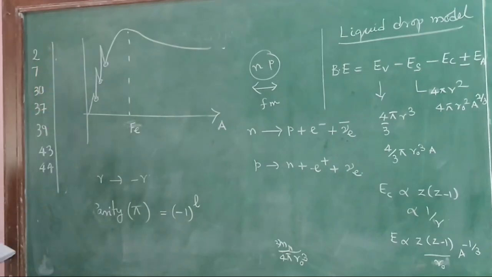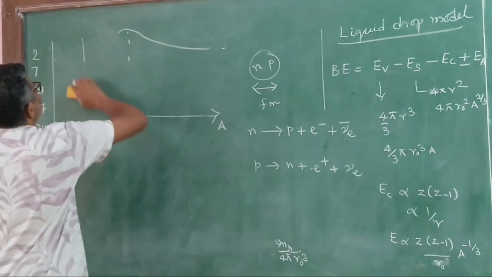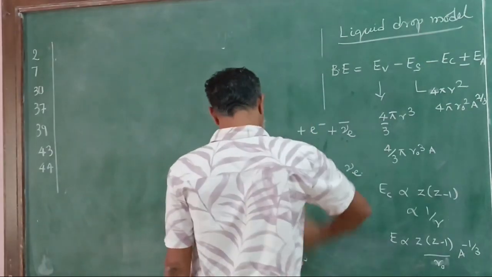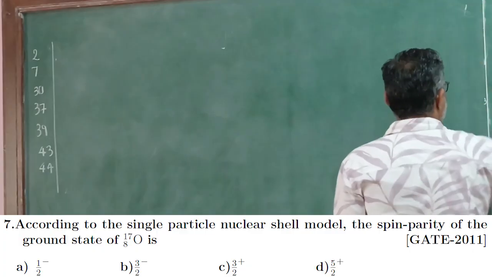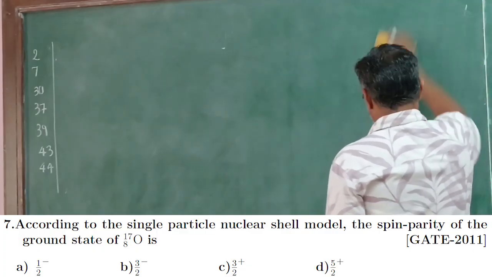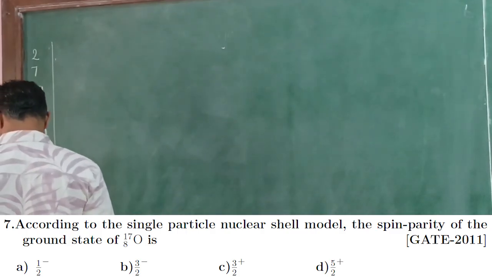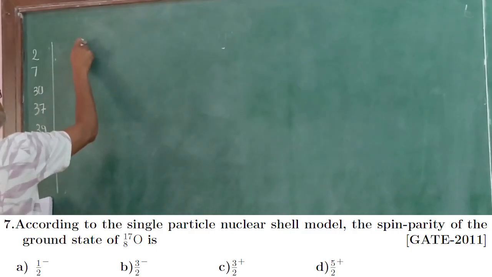These are the problems only for spin and the parity. So let's say the 7th problem, let's do this. We will get back to the other two later.